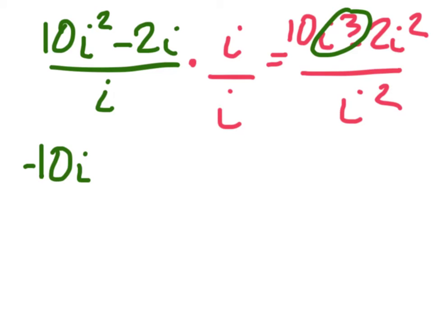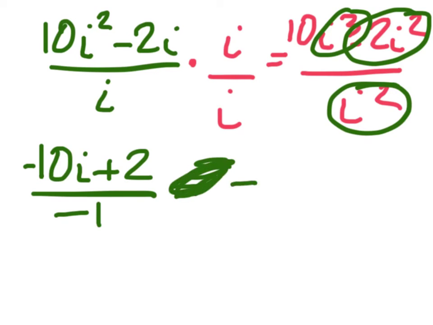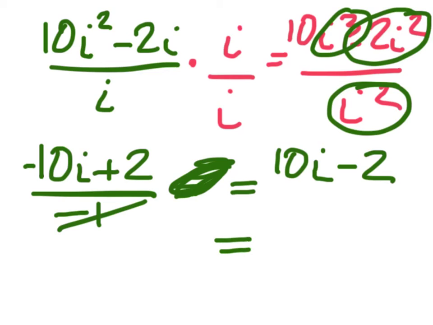And that's a minus 2i squared here. i squared is negative 1 times the negative 2 is plus 2. And then you have this negative 1 on the bottom. Change the sign of everything. This drops out, but then reverse it to put it in the right form. Negative 2 plus 10i.